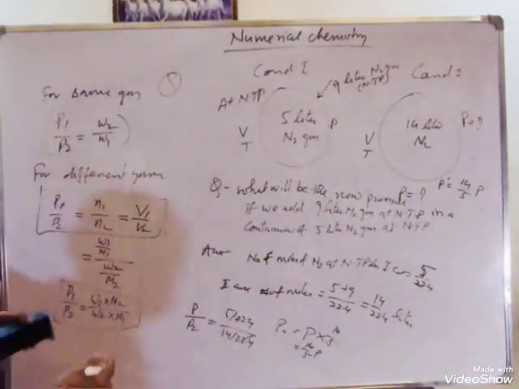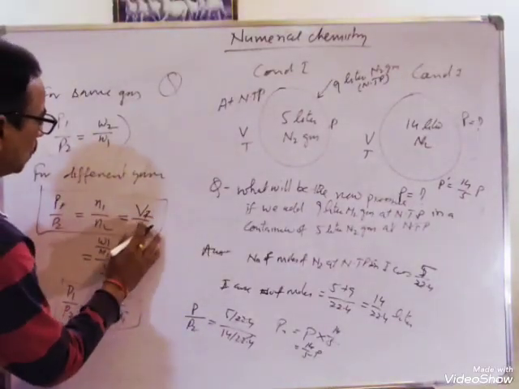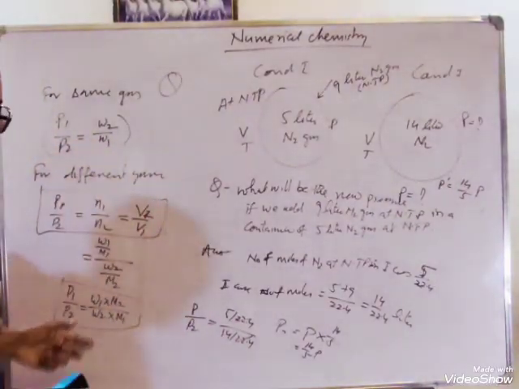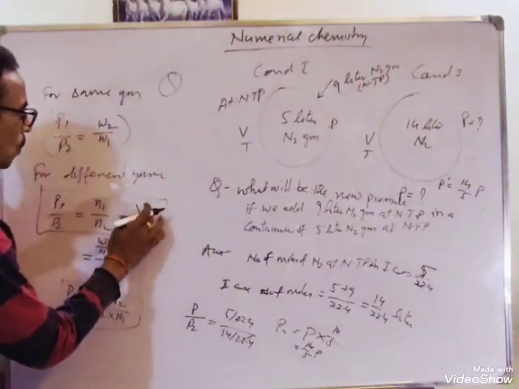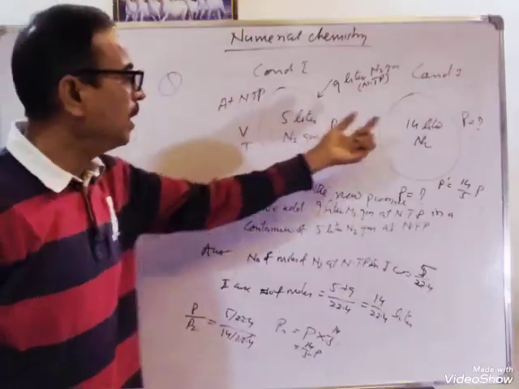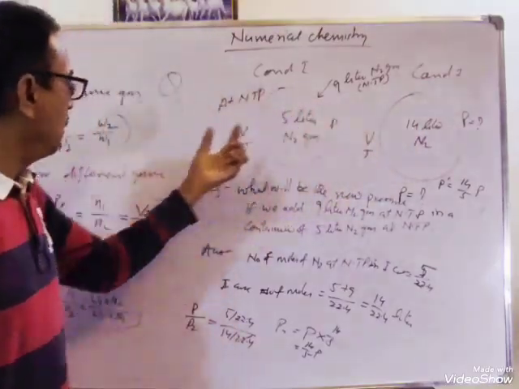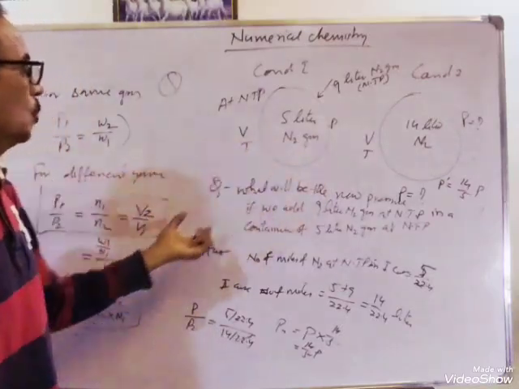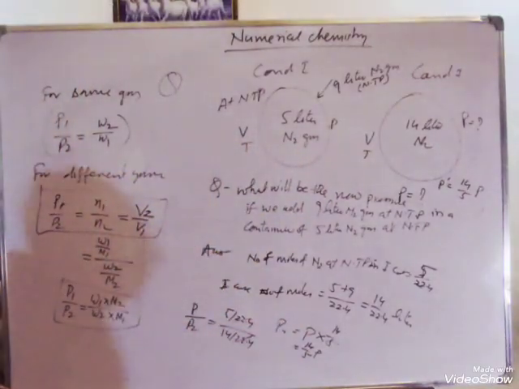So this is V1 by V2, first case divided by second case. So you may directly calculate this. If the volume is given and pressure you have to find out, you can apply this formula.